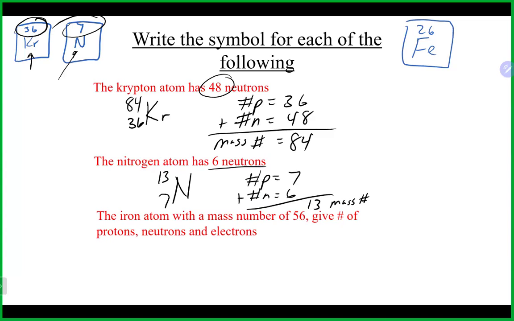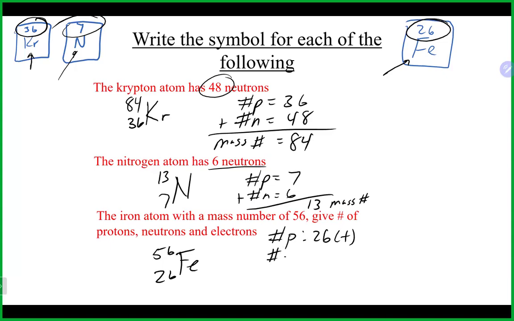Lastly here, iron, which is actually Fe. Has a mass number given to us, so we can again get the atomic number from the periodic table, which is 26. They actually gave us the mass number, which is 56, which should go up on top. That also allows us to figure out the protons, electrons, and neutrons. So in this case, proton-wise, we got 26 positive guys.